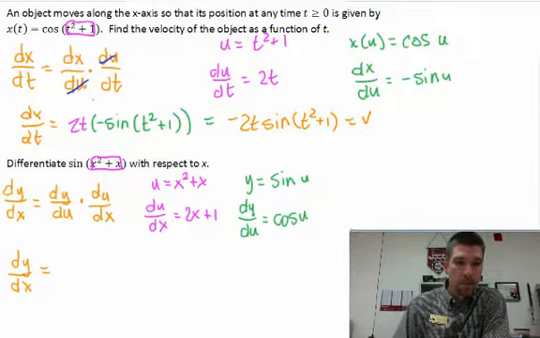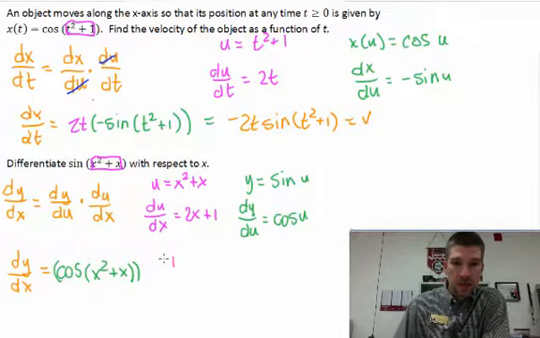What is u? U in this case is x squared plus x, times du dx. What is du dx? Well, let me see, having a hard time getting my stuff straight here. Du dx is going to be 2 times x plus 1.